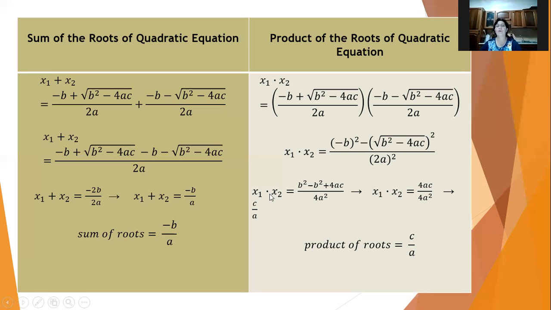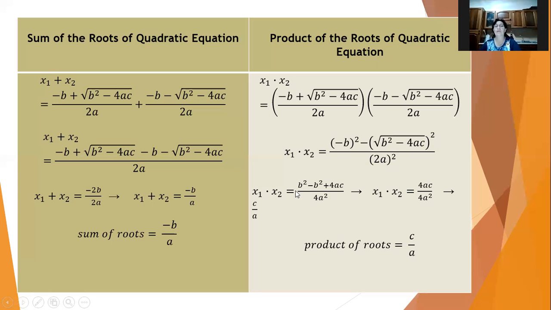Negative b times negative b is equal to b squared, minus the square root of b squared minus 4ac quantity squared, is equal to negative b squared plus 4ac. 2 times 2 is 4. A times a is a squared.